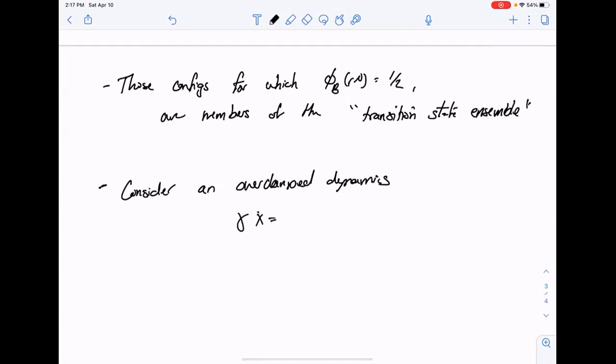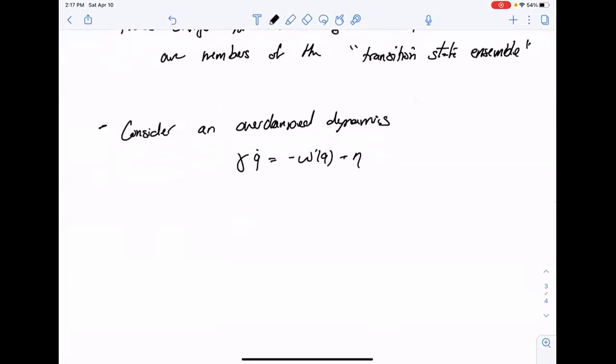Gamma x dot, let's do q. Q dot is minus the gradient of this free energy plus some noise. As usual, gamma is the friction, eta is a Gaussian random variable.